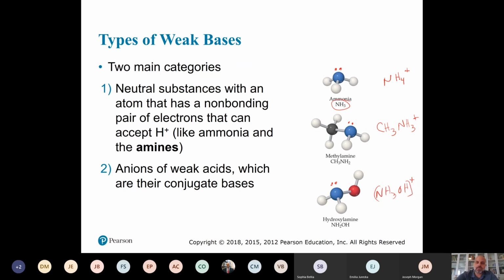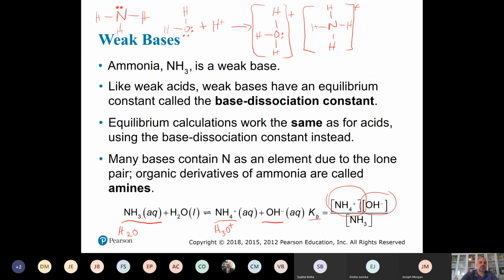So you can see that in all of these cases, the nitrogen atom is picking up the proton, in the case of dissolving in water, right? It's always going to be picking up one of the protons off of the water molecule there, right?